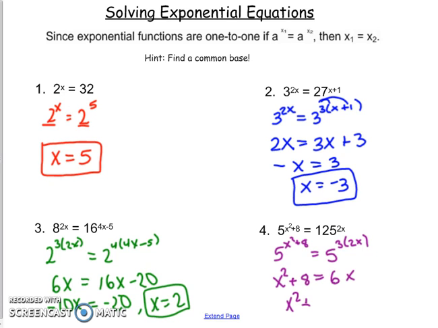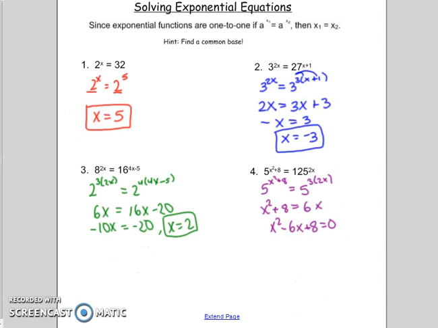So x squared minus 6x plus 8 equals 0. So now we have a quadratic, and we're just going to factor this. So multiply this to 8 adds to negative 6. We have x minus 4 and x minus 2 equals 0. And we get x equals 4, x equals 2.